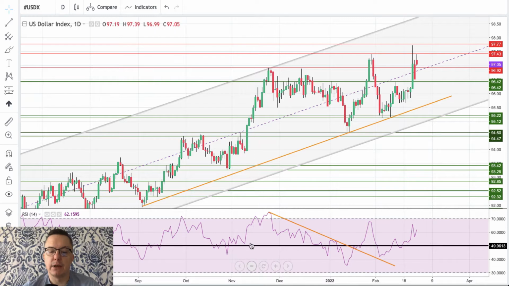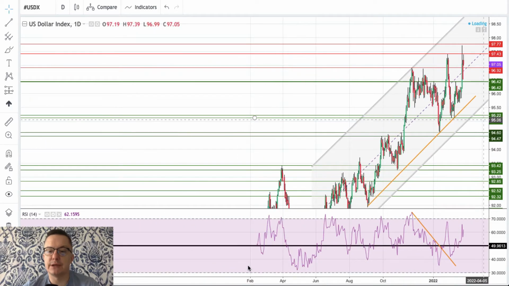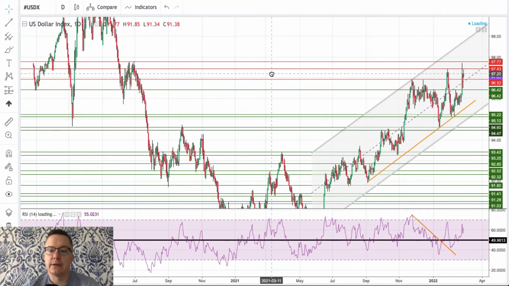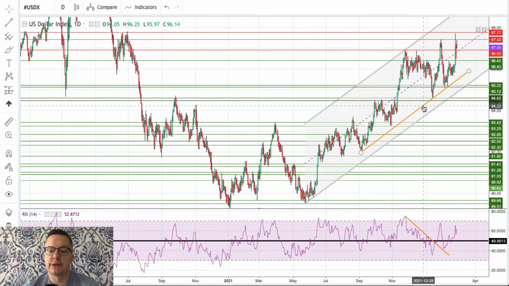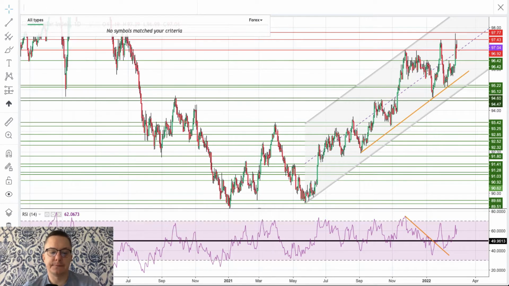And this now is a multi-month uptrend inside of the channel. The domination of the US dollar is clear for market participants, and we should expect higher levels of the US dollar index.